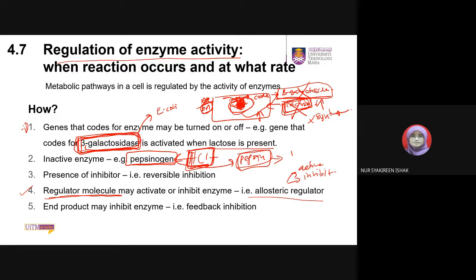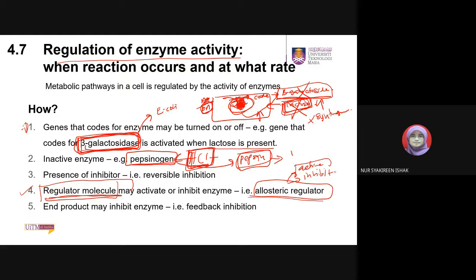So these are what we call regulator molecules or allosteric regulators, because the molecule that functions as activator or inhibitor will bind to the allosteric site and either activate or inhibit the enzyme.